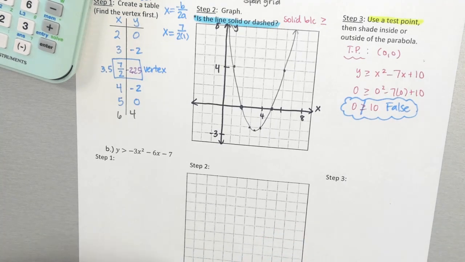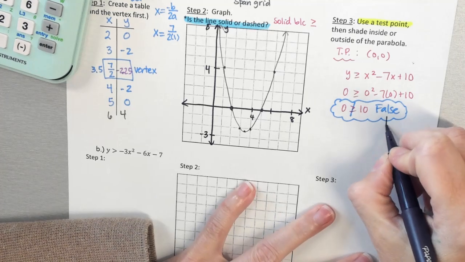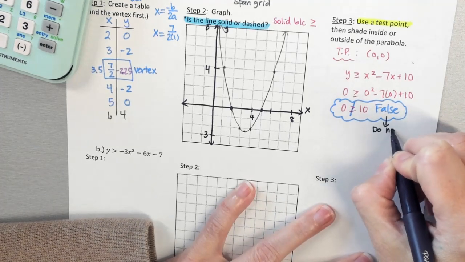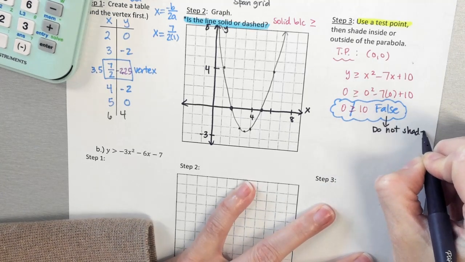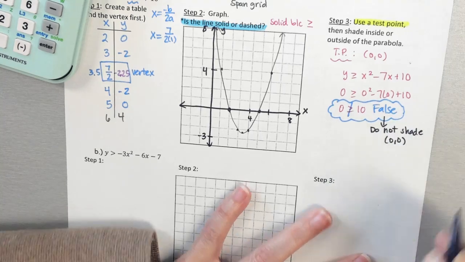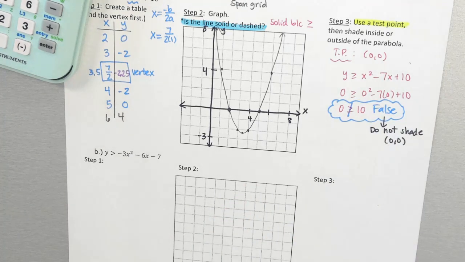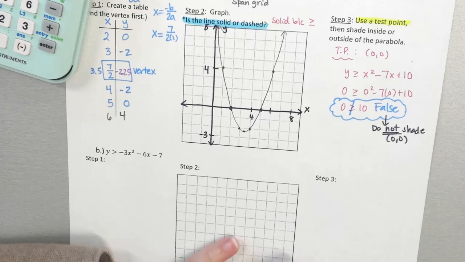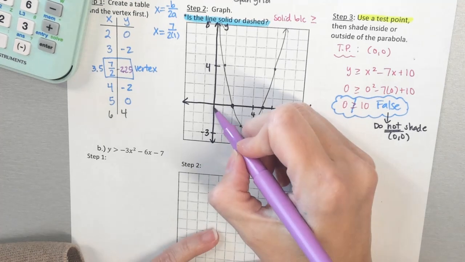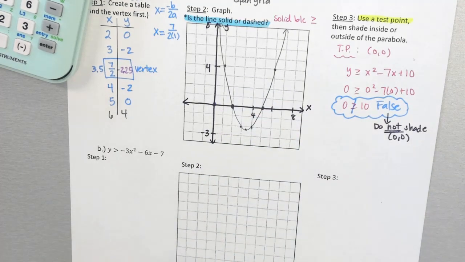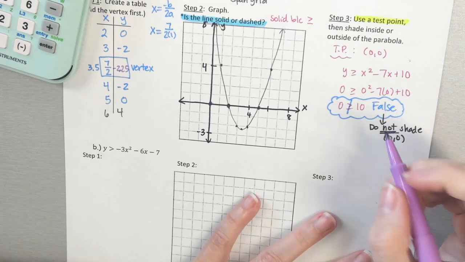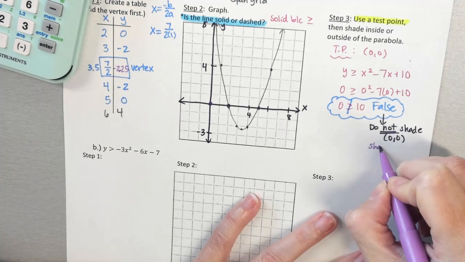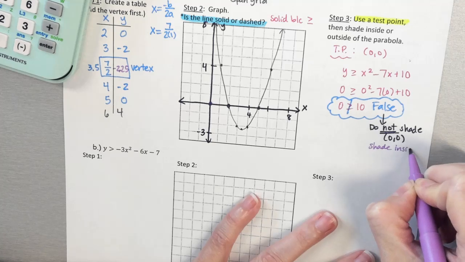Okay, and then I want you to have this part in your notes. So if it is false, what that means is you do not shade 0, 0. Okay, so we just have to look at the position of 0, 0 on the graph. So if 0, 0 is outside, that means we are going to shade inside the parabola.